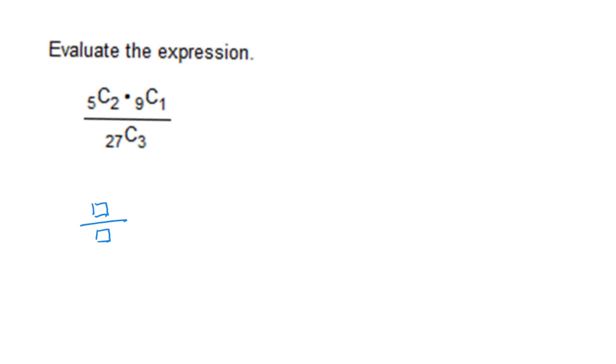It'll be highlighting up in the numerator. And from the numerator, what you can do is press 5, shift, divide, and the 2. And that's going to be times. And the same thing, we're going to do 9, shift, divide symbol, 1.